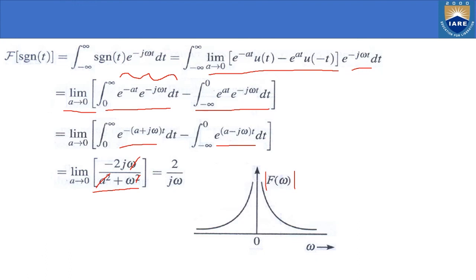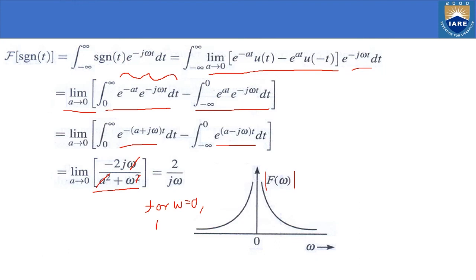Basically if you plot this, when omega equal to 0, what happens? When omega equal to 0, this becomes infinite.